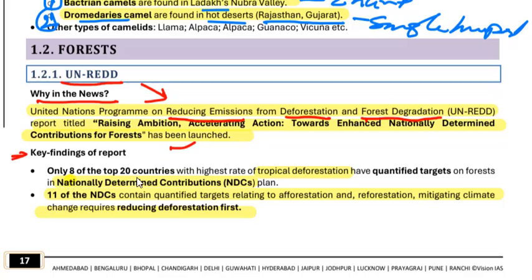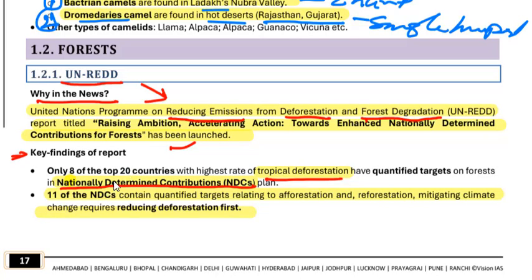Only 8 of the top 20 countries with the highest rate of tropical deforestation have quantified targets on forests in their nationally determined contribution plan. What is a nationally determined contribution? We will talk about it later also, under climate change.